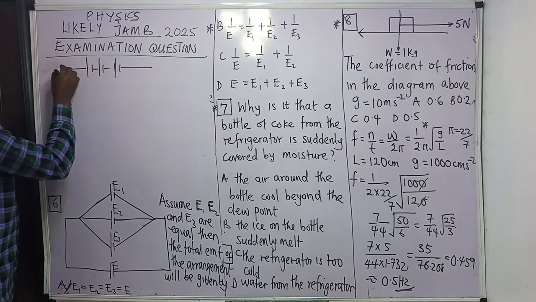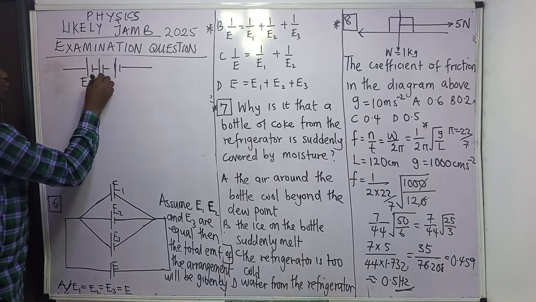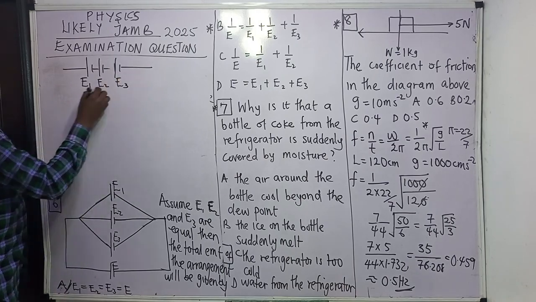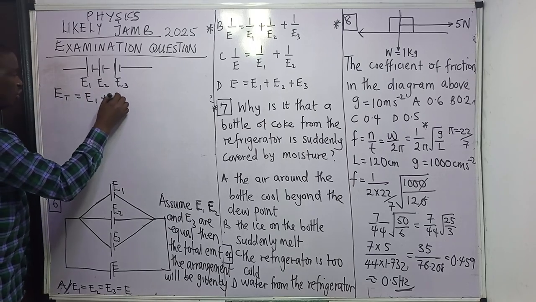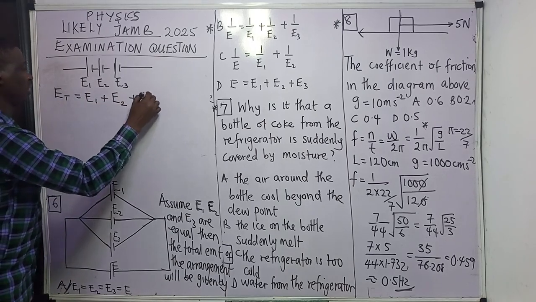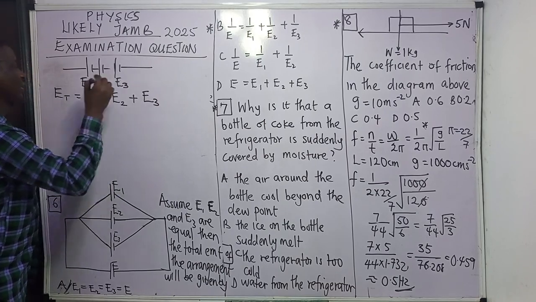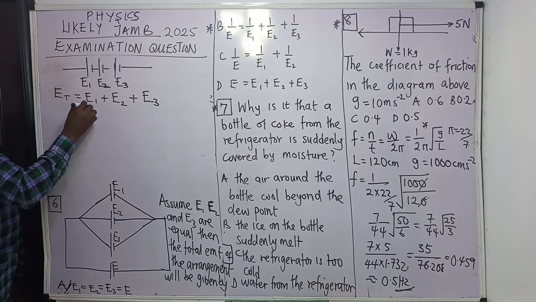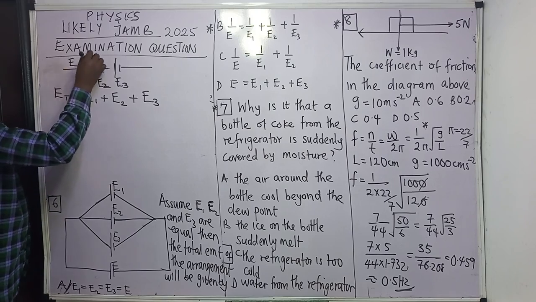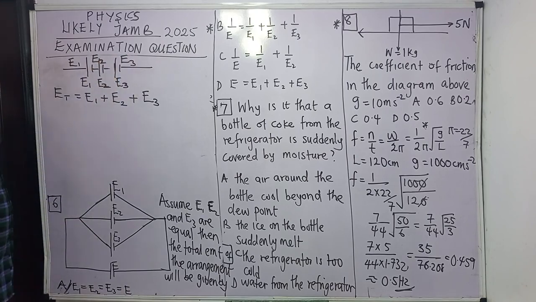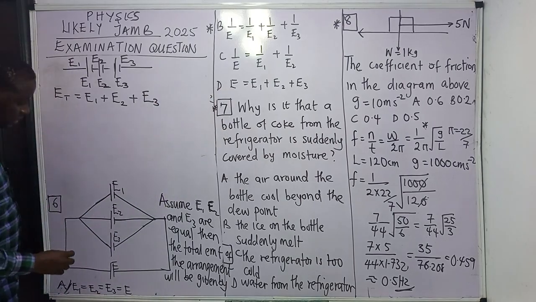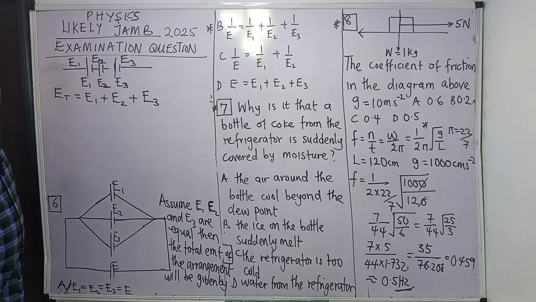So the total EMF would be E1 plus E2 plus E3. Please take note of that. Very important. So it would have been option D, but because it's connected in parallel, it's option A.